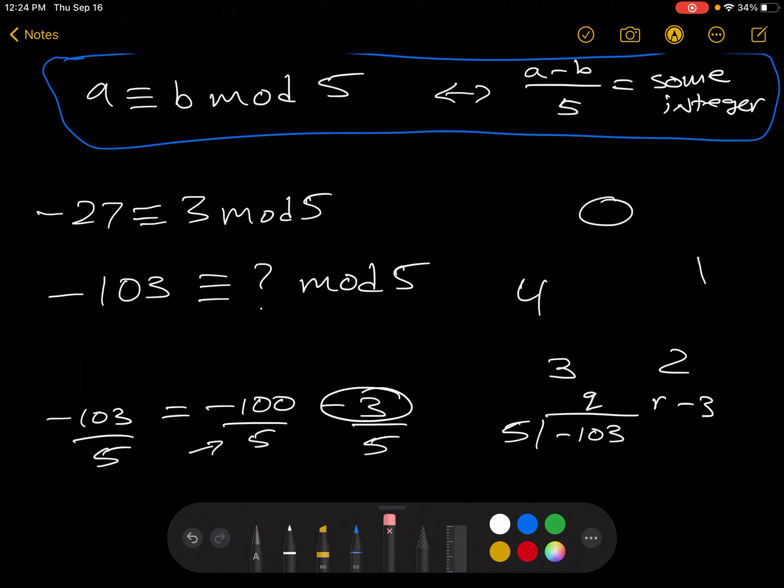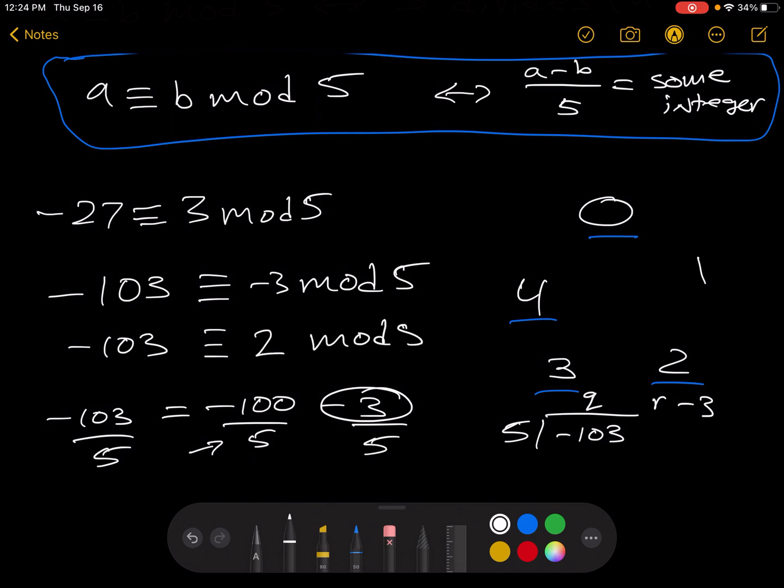That tells us negative 103 is congruent to negative 3 mod 5. Well, what is negative 3 mod 5? We can see that here: 0, negative 1, negative 2, negative 3. Oh, okay. So that tells us that negative 103 is congruent to 2 mod 5.